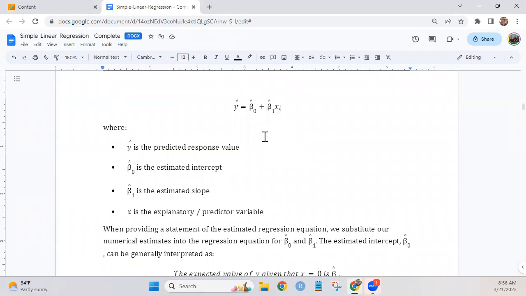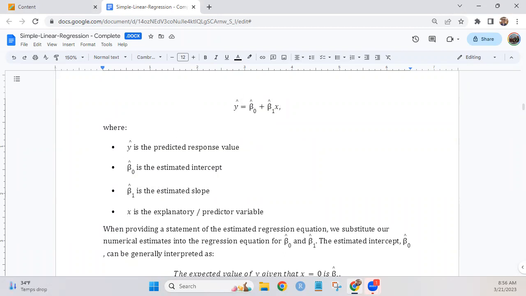What do we notice about this equation compared to the assumed or theoretical one, besides the hats? Yeah, there's no epsilon, right? That's because this is y hat on the left side. It's what we predict, not the actual y value here.